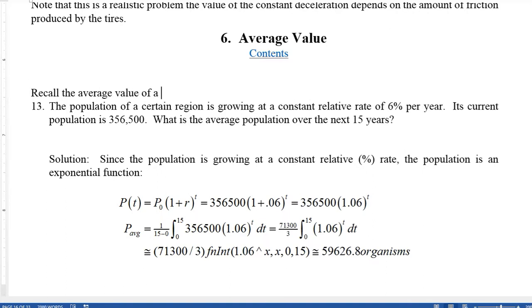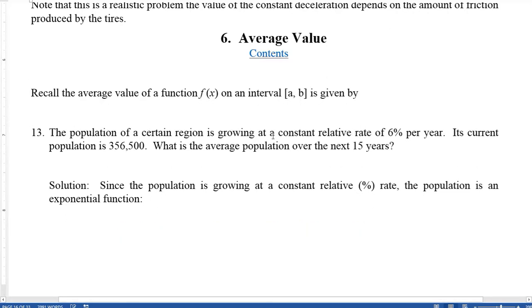The average value of a function f of x on an interval from a to b is given by the following.